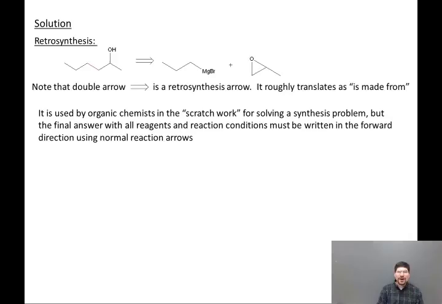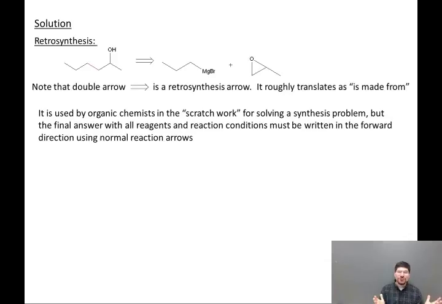The double arrow is what organic chemists refer to as a retrosynthesis arrow. It is different from an ordinary arrow that you use to show starting materials becoming products. The double arrow means this product can be made from these starting materials. So as I wrote in the notes here, it roughly translates as "is made from."